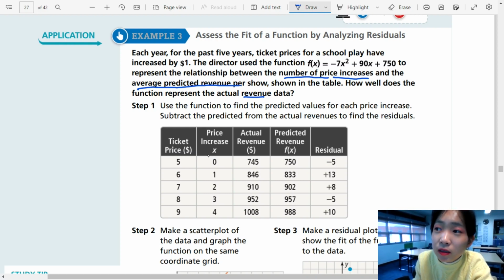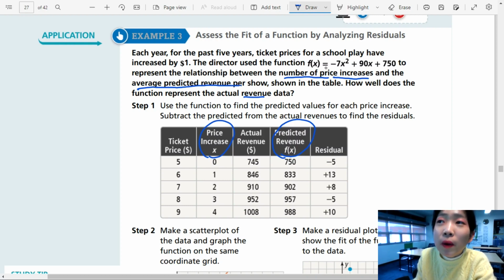That's x. And the other variable represents the average predicted revenue per show. Predicted revenue per show, that's f of x. You see that? Those are the variables involved in the relationship shown in the equation.